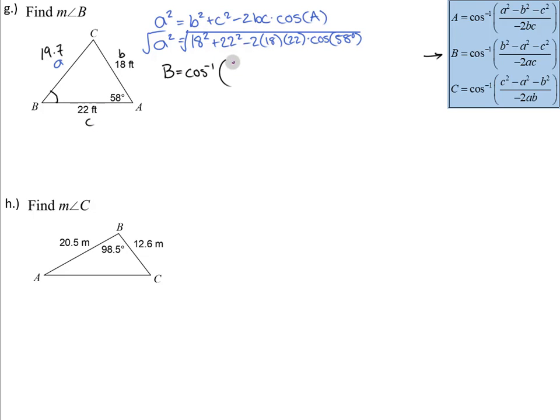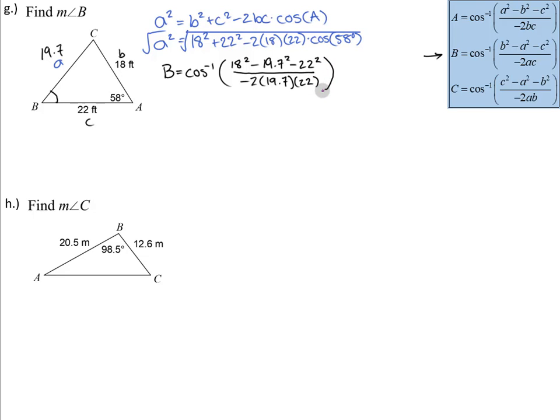So 18 squared, the side opposite our angle, minus the other two sides, 19.7 squared and minus 22 squared, all over negative 2 times the other two sides here, 19.7 and 22.